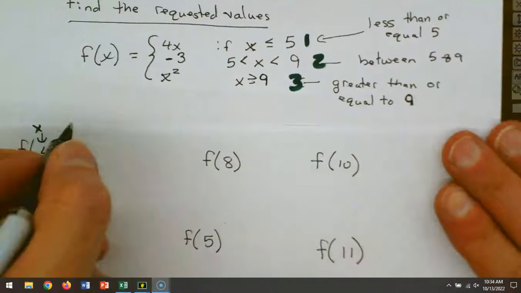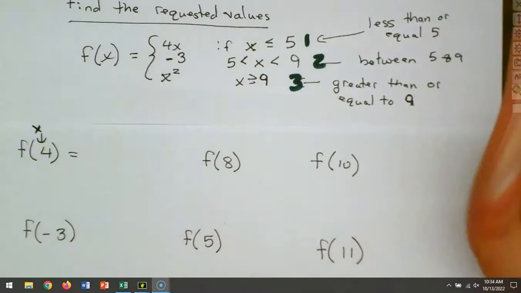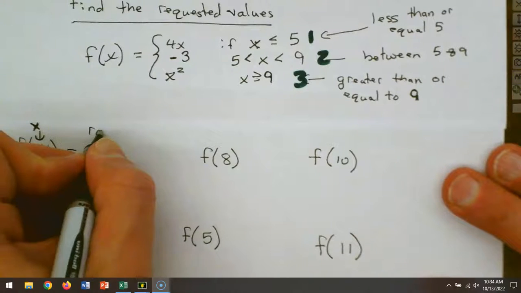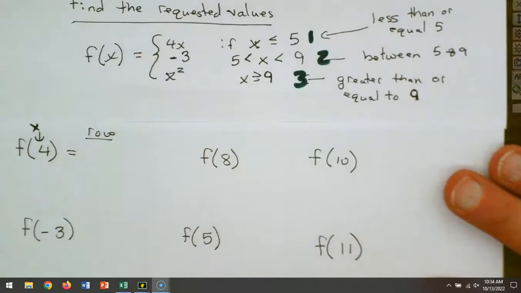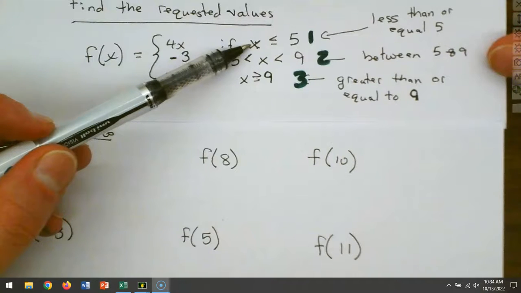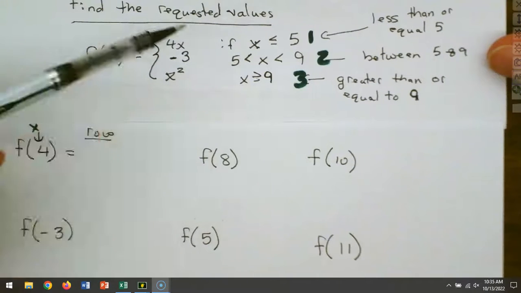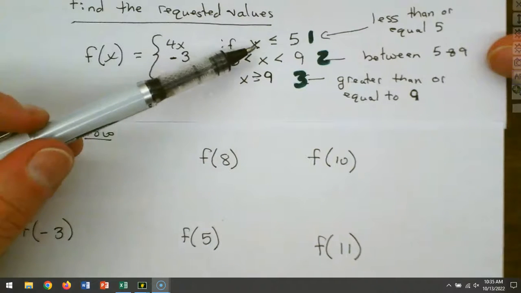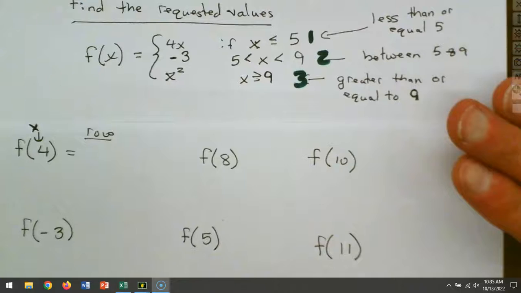So let's look at 4. Which row would 4 fall under? Look at my values. This is for ones that are less than what? 5. Between 5 and 9, bigger than 9. Where's 4 at? Is 4 less than 5? Yes. So it's going to fall under row number 1.